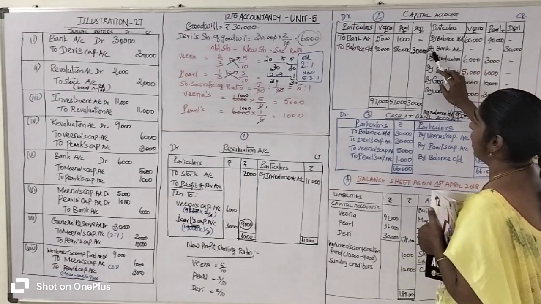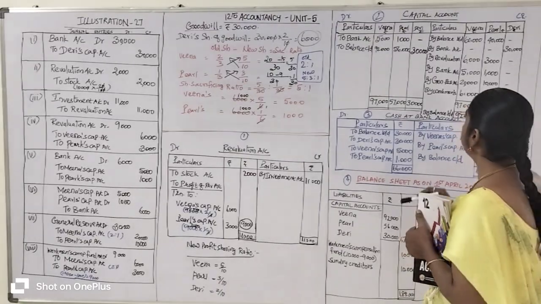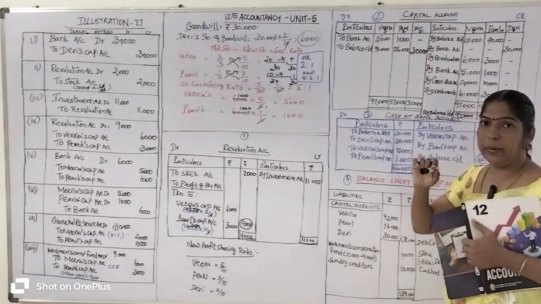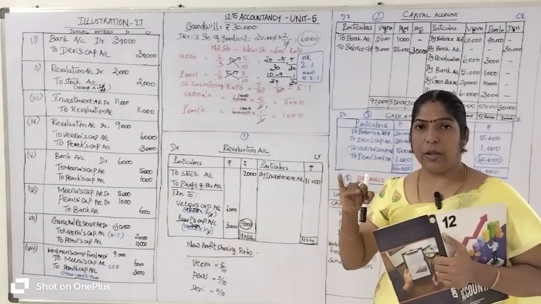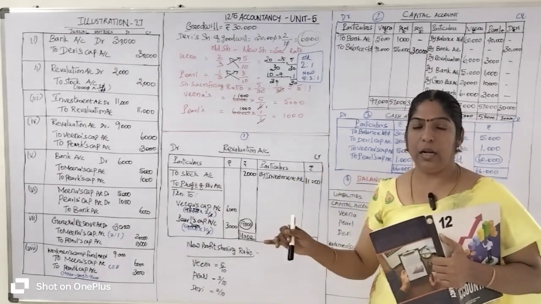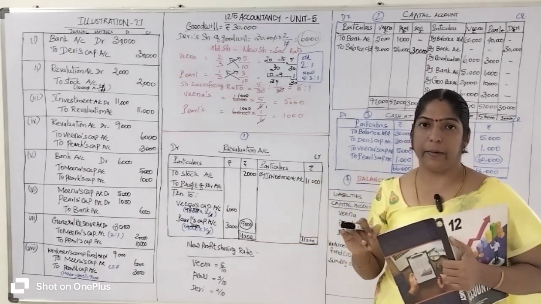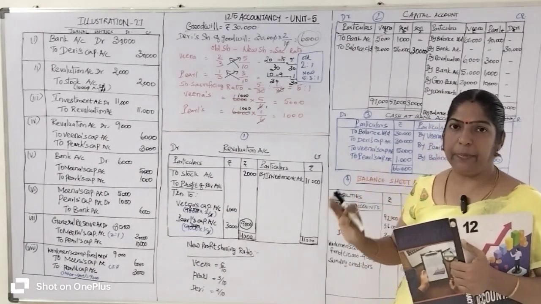Against this you write by bank account. Whenever the new partner brings cash in the name of capital, or in the name of share of goodwill, it is called bank. It will appear on the credit side of the capital account.